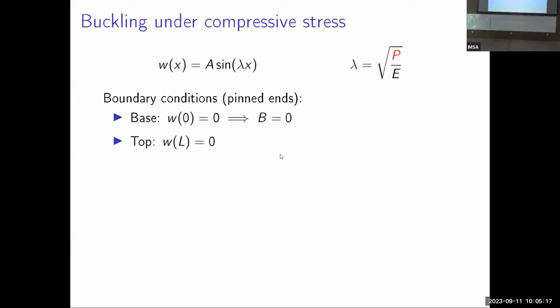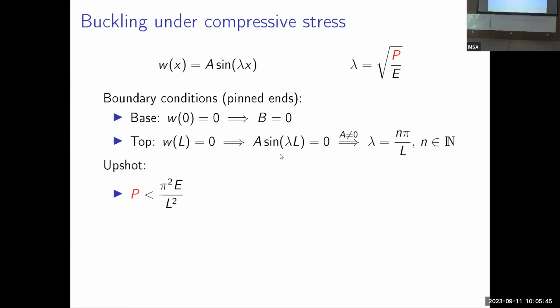And the other endpoint condition says that A times the sine of lambda L has to be equal to 0, which doesn't imply, of course, that A is necessarily 0, because the sine can be 0. And the sine is 0 exactly when lambda takes this set of values. It's an integer multiple of pi over L, okay?